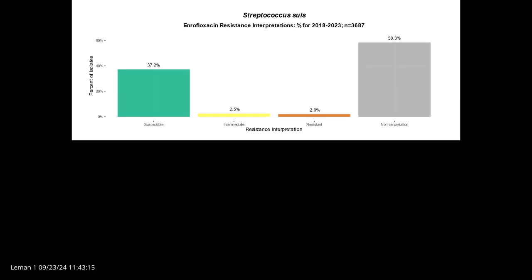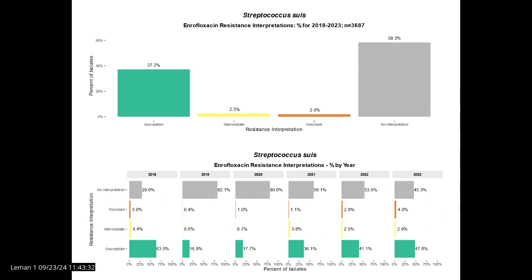All right, enrofloxacin, that is labeled for Strep suis in respiratory disease. So I'm showing you that here. Realize that a lot of what we're looking at with Strep suis isn't in fact respiratory disease, so there's going to be a lot of no interpretations listed on there. You might think, ooh, 37% being susceptible, that's not good.